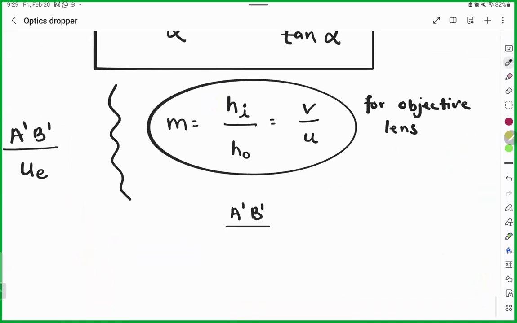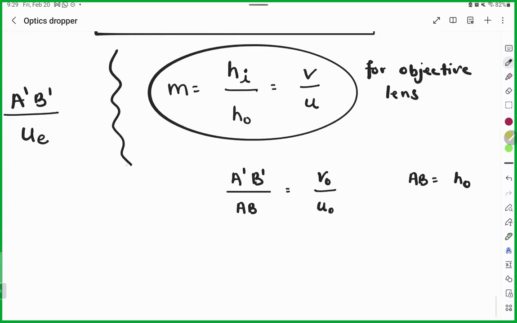So A dash B dash by AB for object height is equal to, what is V value? V naught, because objective lens. What will be U value? UO, objective lens. And what is AB equal to? AB equal to the height of the object.